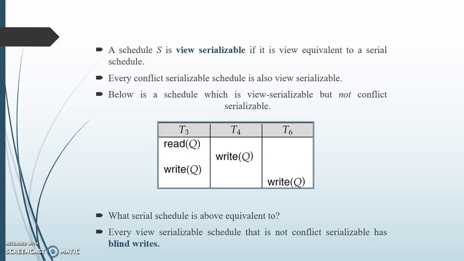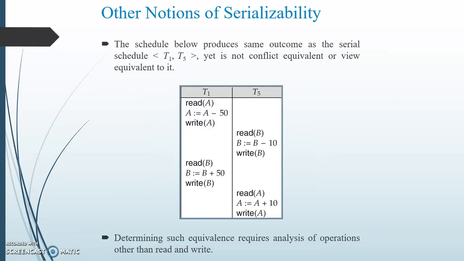But if the schedule is not conflict equivalent, we cannot say that it is not view serializable. We have to check for view serializability, and for it we first check for blind writes, and if there are any blind writes in the schedule, then we further check whether it is view serializable or not.